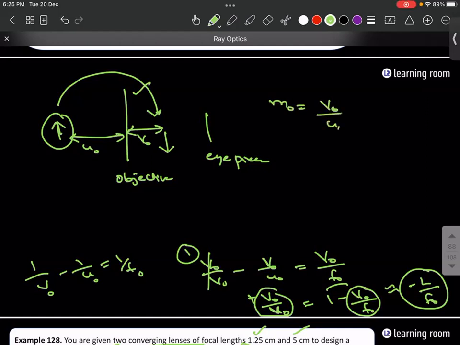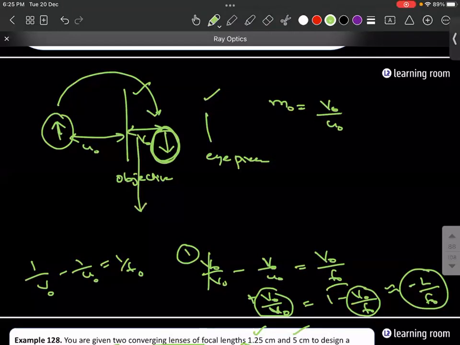So what is the magnification produced due to the objective? It is V0 divided by U0. Correct? Yes, sir. Similarly, this image formed due to the objective will act as the object for the eyepiece, so that you get a virtual image which is magnified, formed at the least distance of distinct vision.